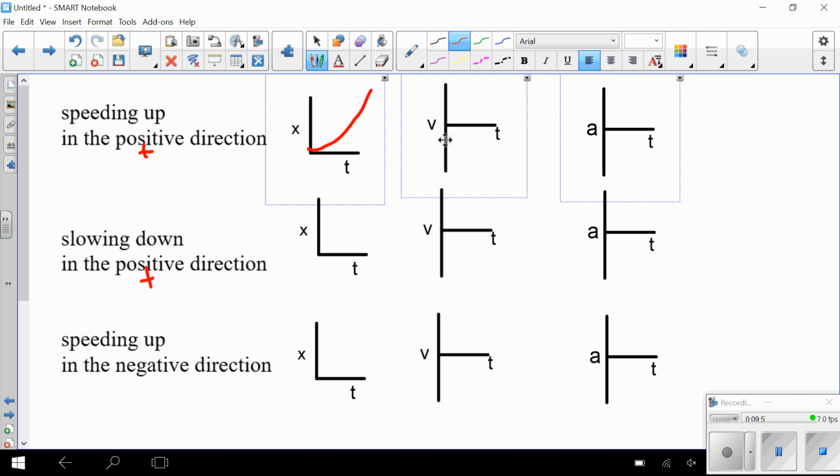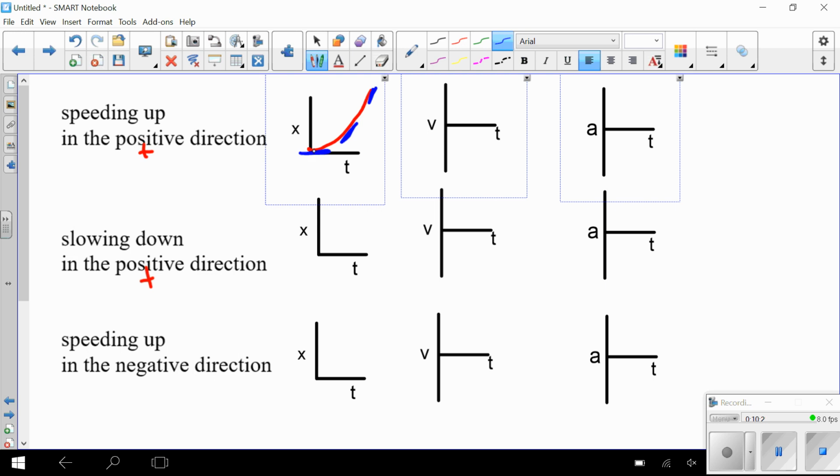Now, if we look at the velocity graph for this, let's figure out what our velocity would look like. If you're speeding up, you're going from slow to fast. If we look at the slope of our line, we're going to draw some tangent lines and find the slope at various points.